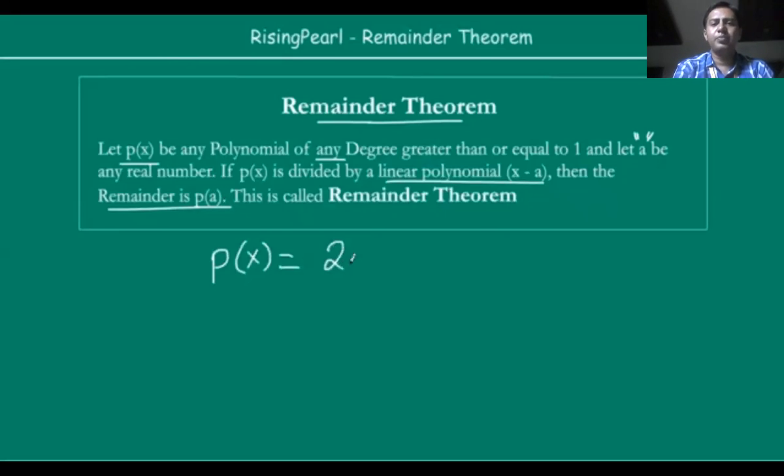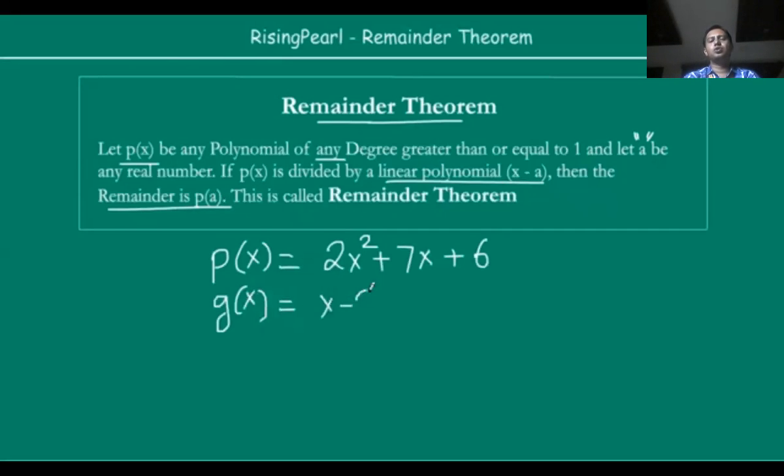So we are dividing P(x), the same question we are taking, 2x square plus 7x plus 6, by G(x) as x minus 2, as we took in the previous question. So we need to find the remainder.